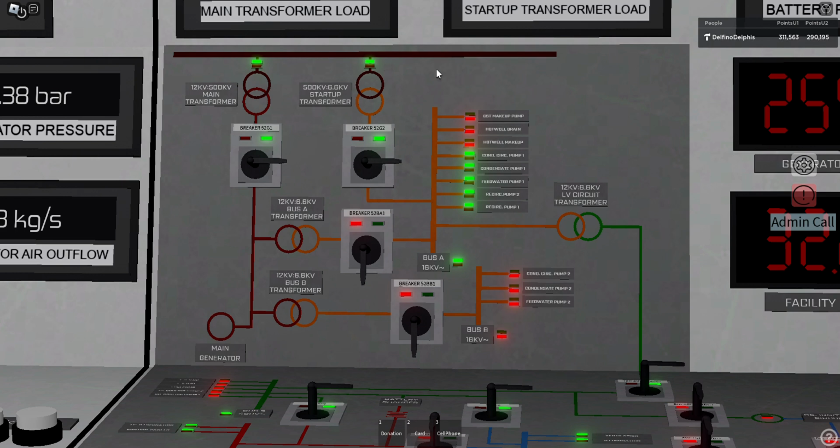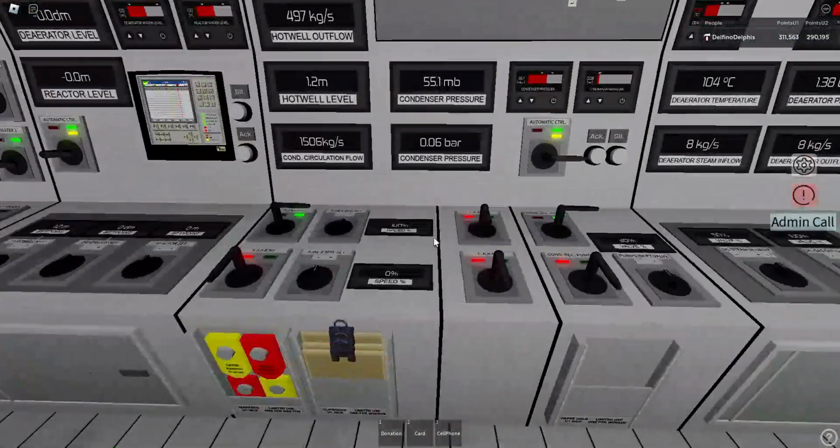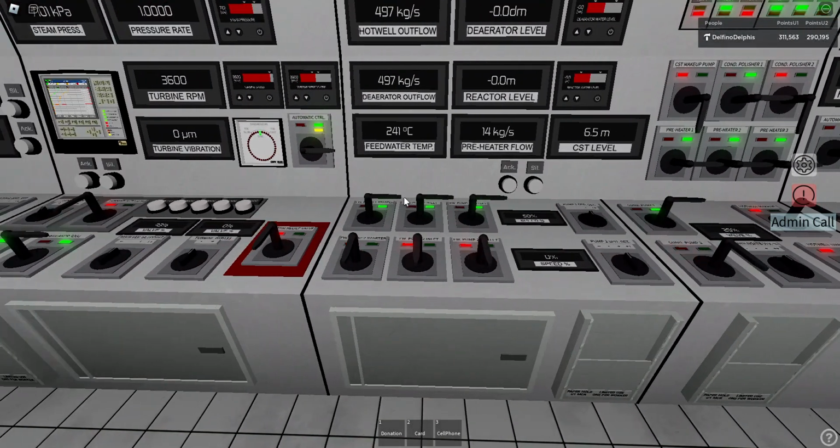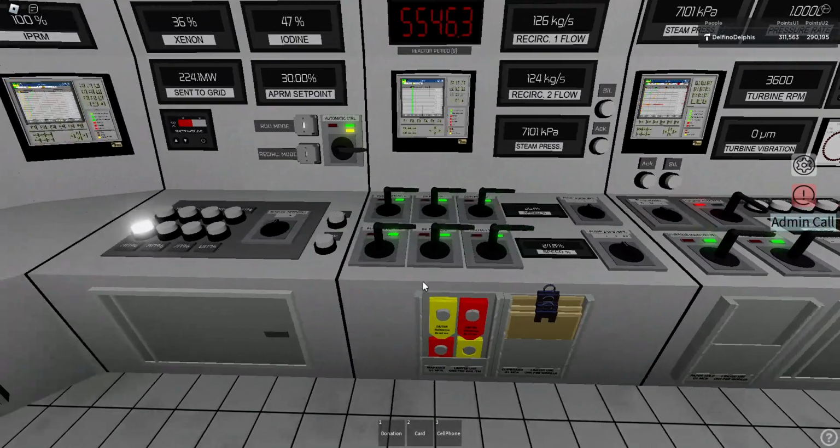And this is the main bus. This is the bus which powers all our main pumps number 1. So all the pumps that we used. Yes, the top ones. This one, this one, this one, this one, and also powers both of those.